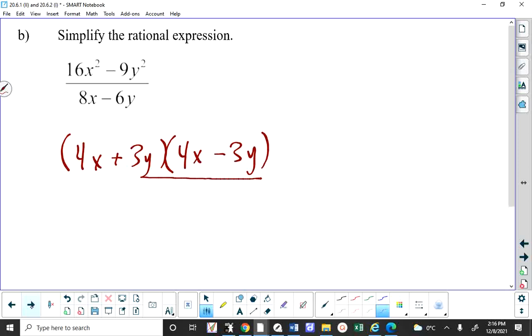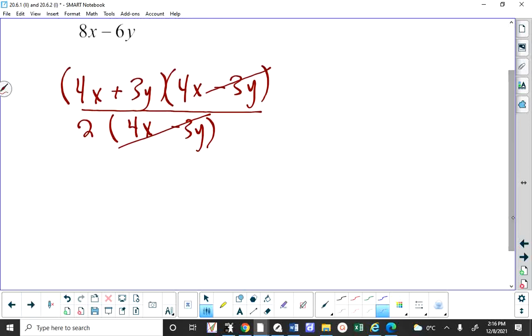The bottom has a common factor of 2, which would leave us with 4x minus 3y. What cancels? The 4x minus 3y is a factor on the top and the bottom. So we end up with 4x plus 3y over 2, but we have non-permissible values.